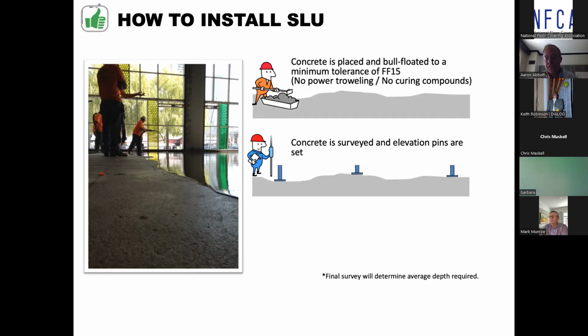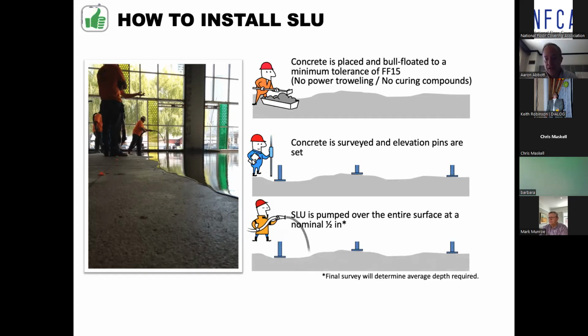We're going to place elevation pins so that the self-leveling contractor can use them as a guide. A typical project might put down a nominal half inch, but that's going to depend on how much the slab has actually deflected.